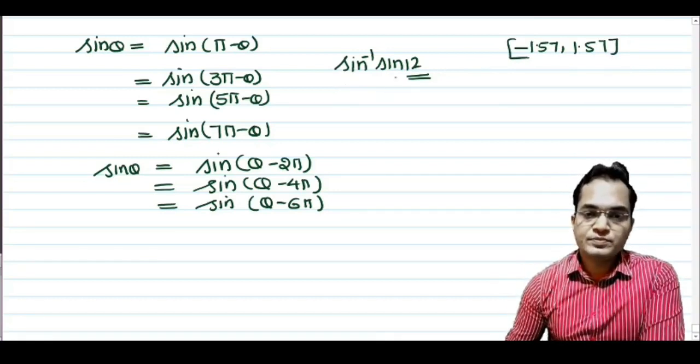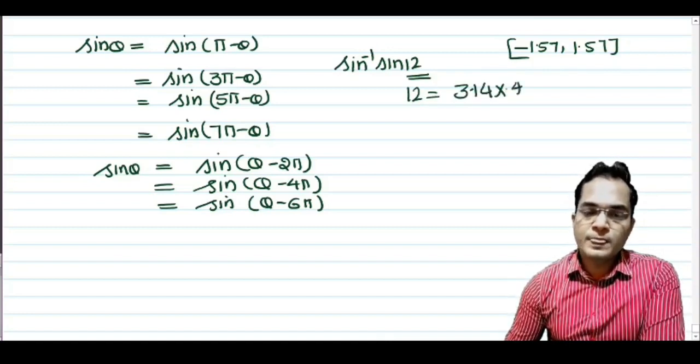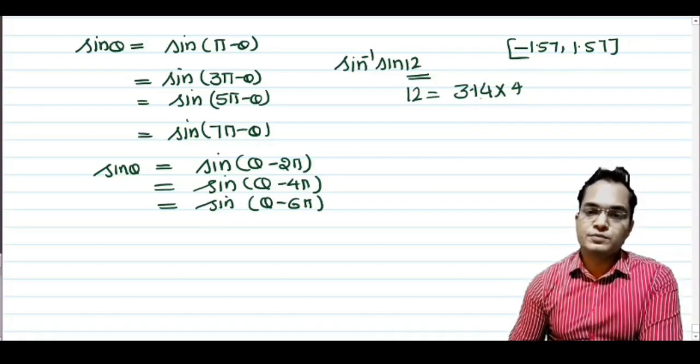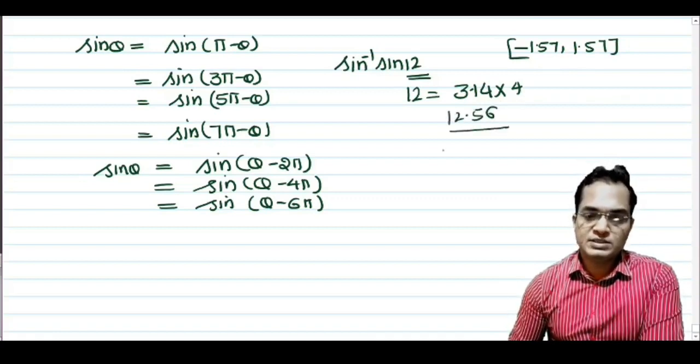Now check. What is the approximate value of 12? It is a multiple of pi, 3.14 into something. It is 3.14 into 4, which is 12.56.